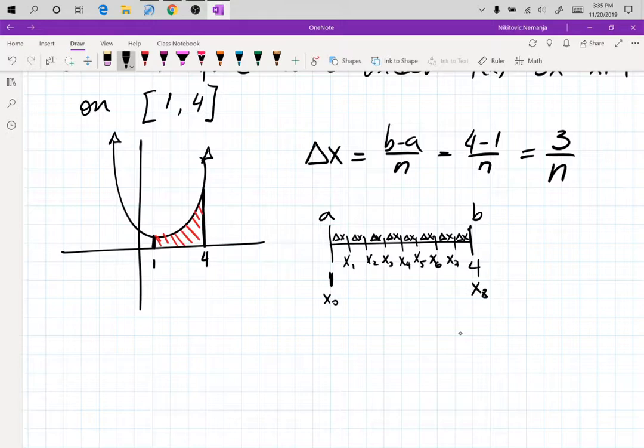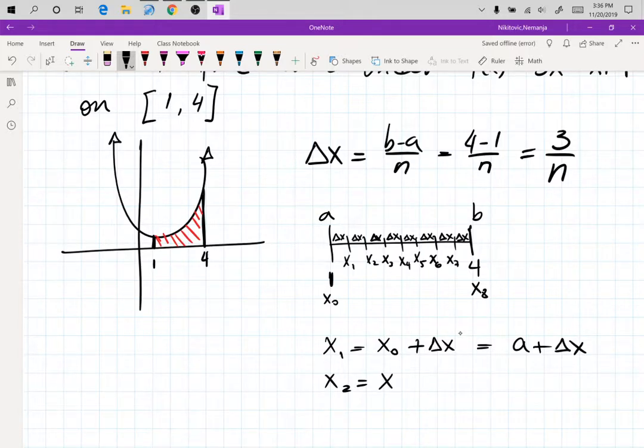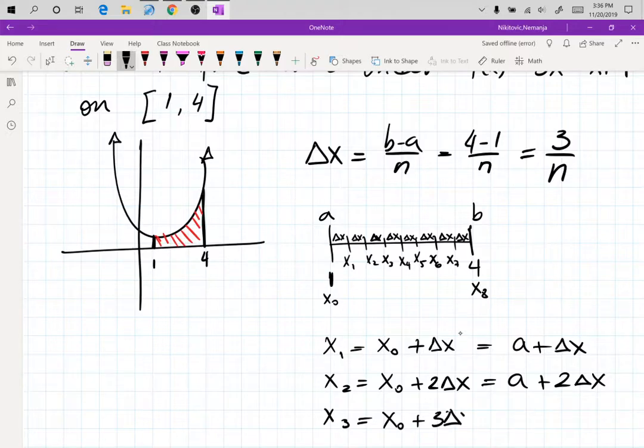Now, to go from x0 to x1 you add delta x. So x1 is x0 plus delta x, which is a plus delta x. To go to x2, from x0, you add 2 delta x, and that's a plus 2 delta x. To go to x3, we have x0 plus 3 delta x, because you have 3 delta x's to add to get there. So that's a plus 3 delta x.